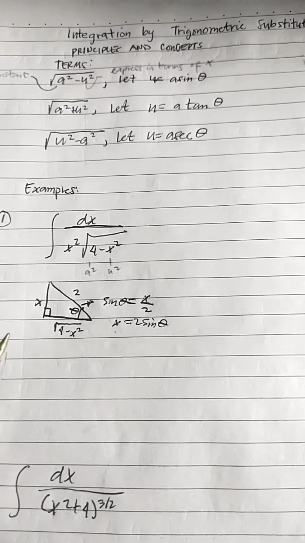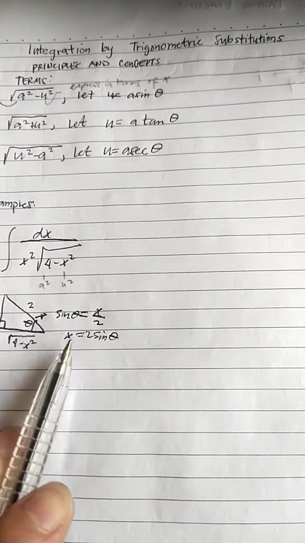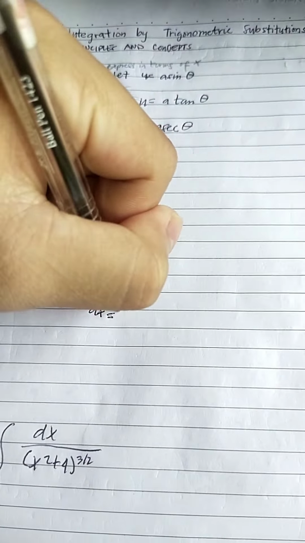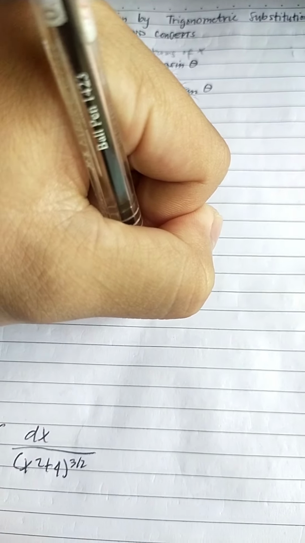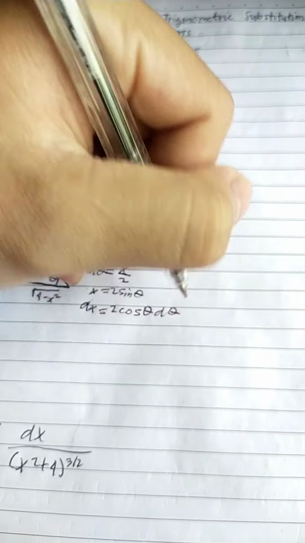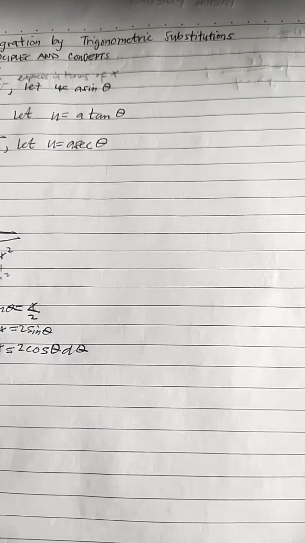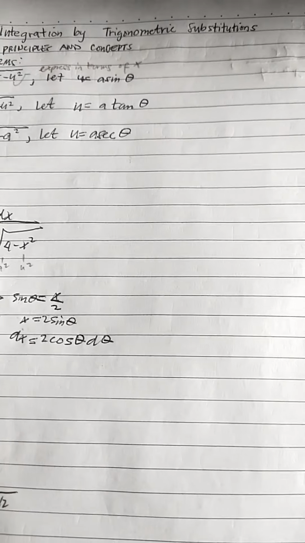Now we have to differentiate this. So dx is equal to 2 cosine theta d theta. Then we will substitute all of this.